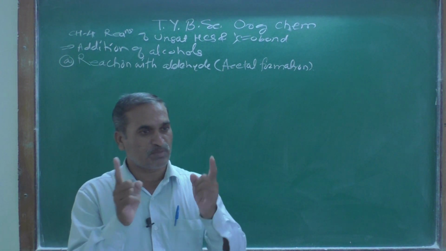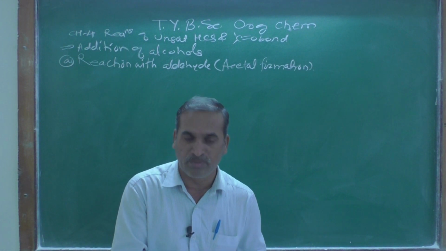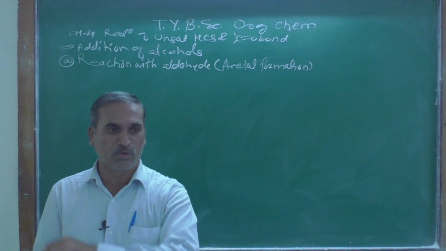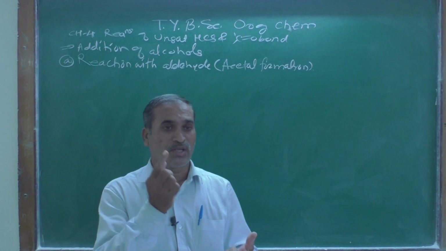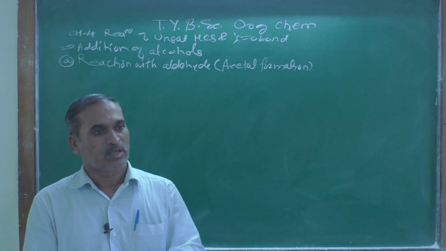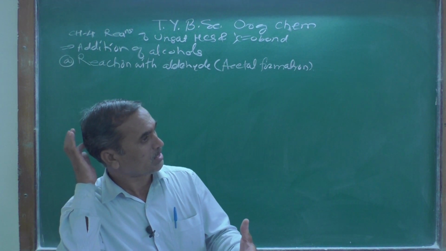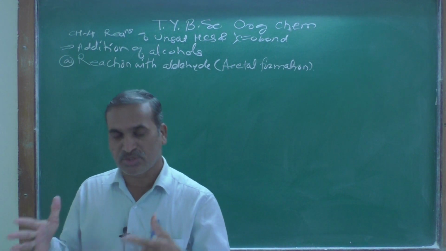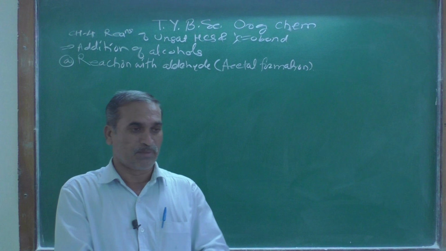That is a specialty of the aldehyde group. It is also referred to as a formyl group, C double bond OH, and here the aldehyde proton is highly important as far as the reaction point of view is concerned.